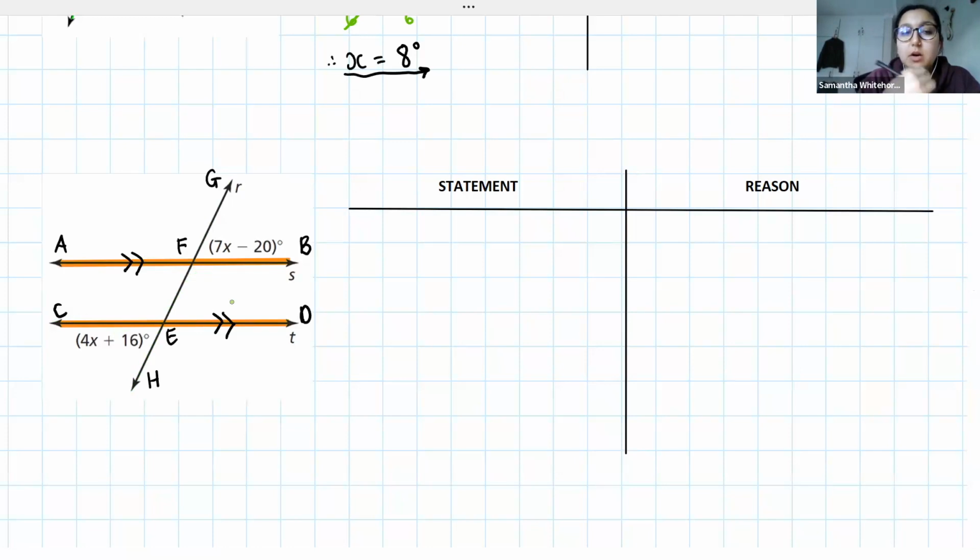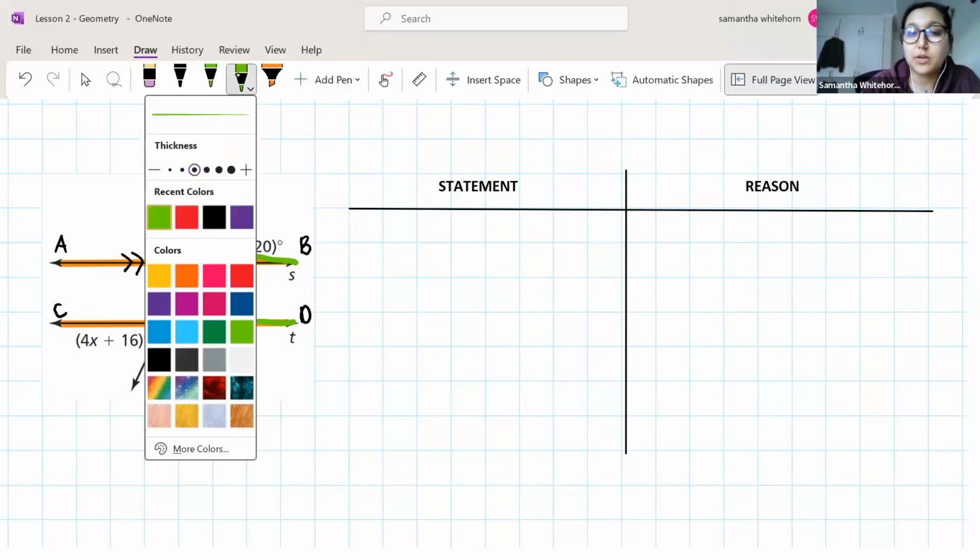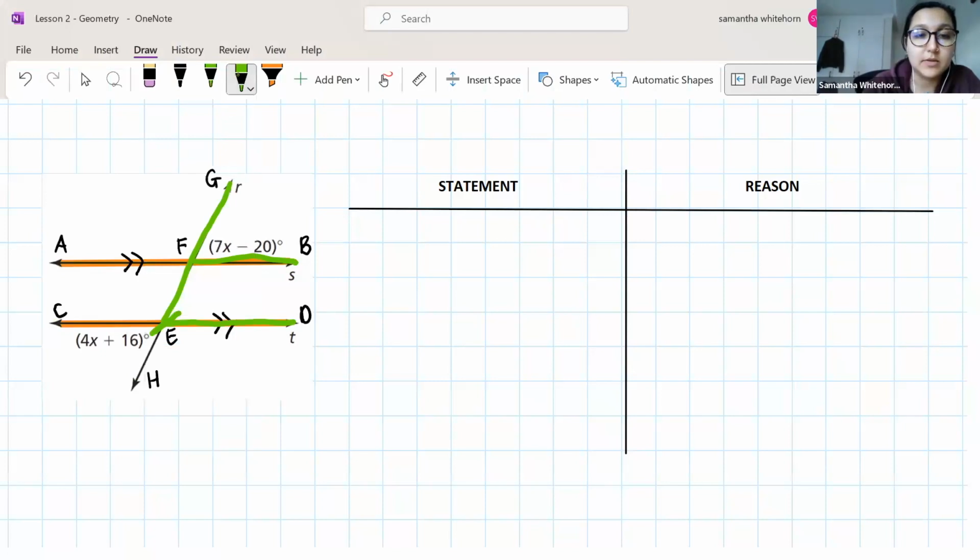So for me, what I can work with is this first F that I showed you here. The reason I'm saying I can work with it is because I can see that the angle 4x plus 16 is vertically opposite to the angle FED. And if I can get that angle FED, it makes it much easier for me to work with the F shape or the corresponding angles. Now, guys, remember, you have to write everything down.